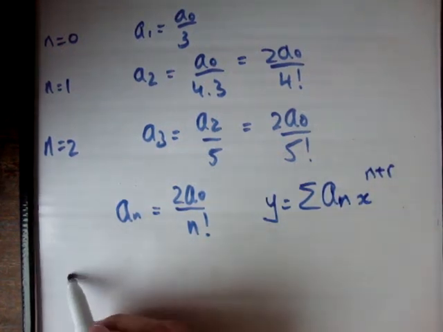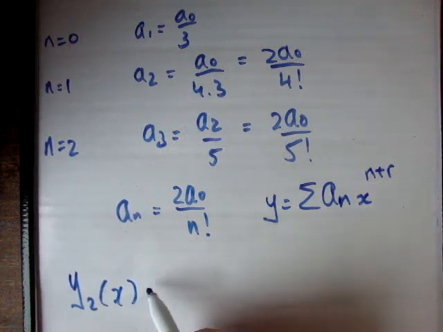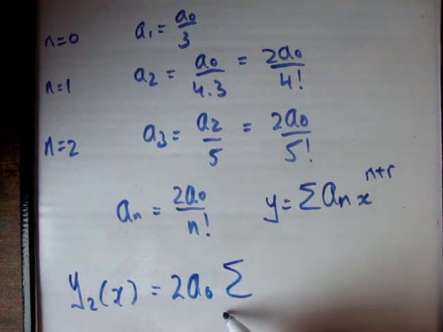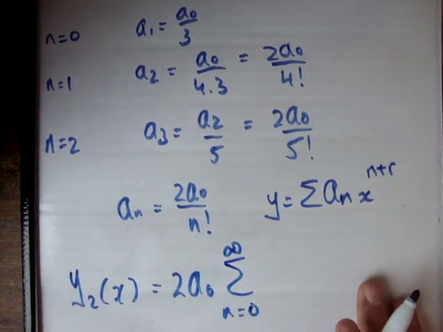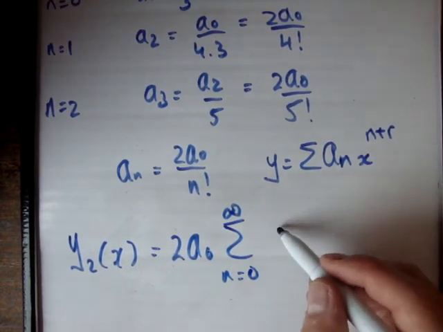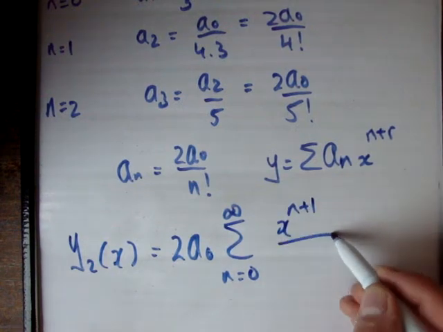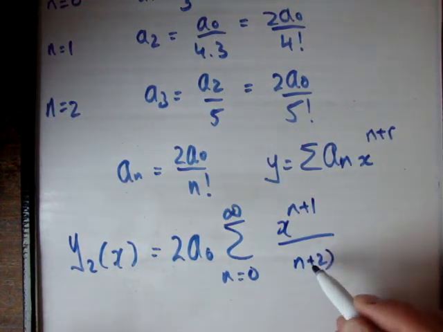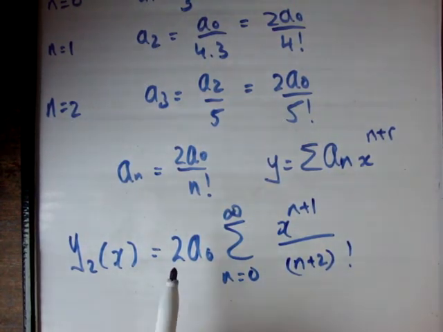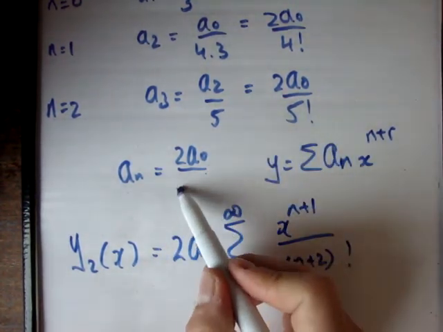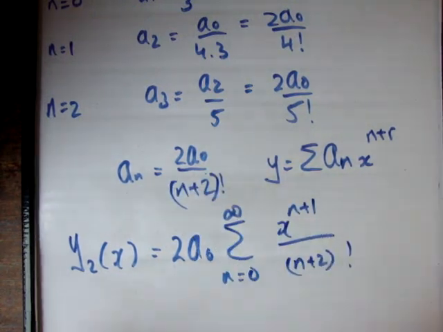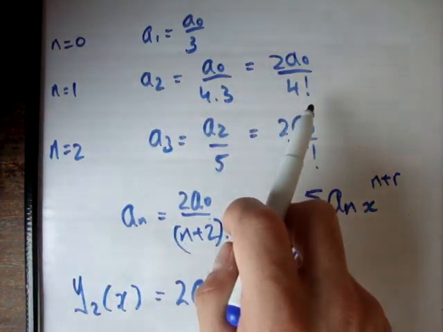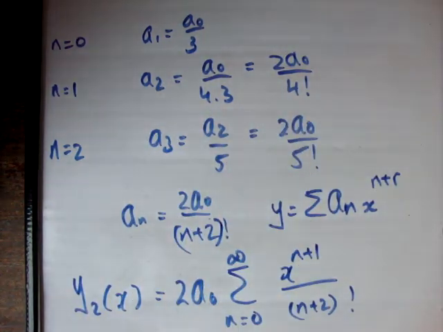You're going to find that y2 of x is equal to 2 times a0 times the sum from n is equal to 0 to infinity of x to the n plus 1 over n plus 2 factorial. The reason it's n plus 2 is that if you look at the third term we're at 5, and the second term we're at 4. So it's n plus 2 factorial.